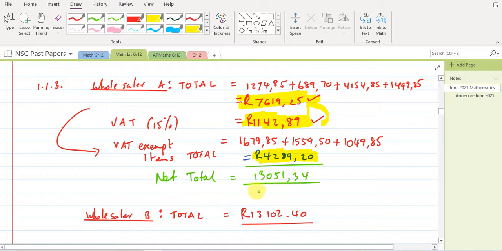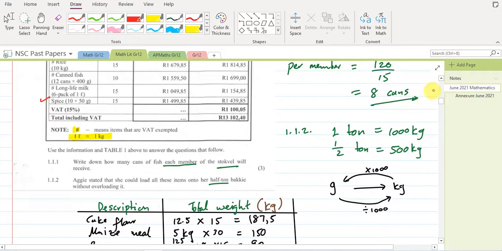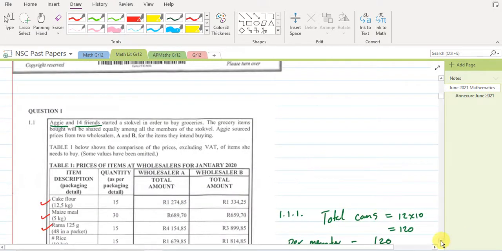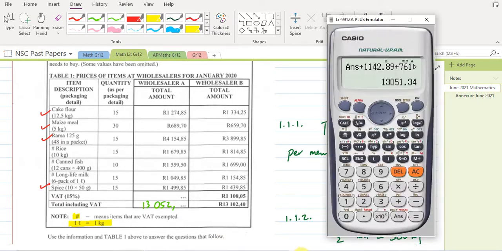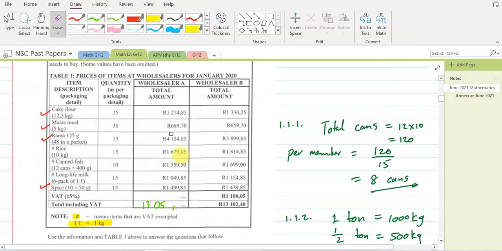So we can clearly see wholesaler A is charging 13,051 rand and 34 cents, and wholesaler B is charging 13,102 rand.